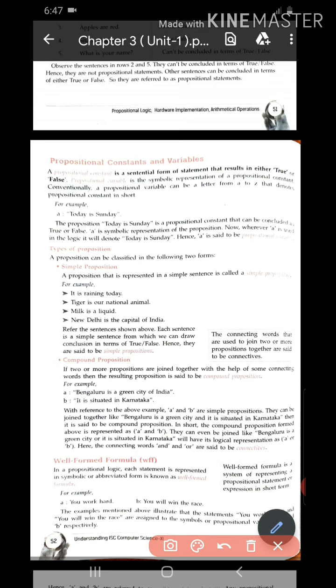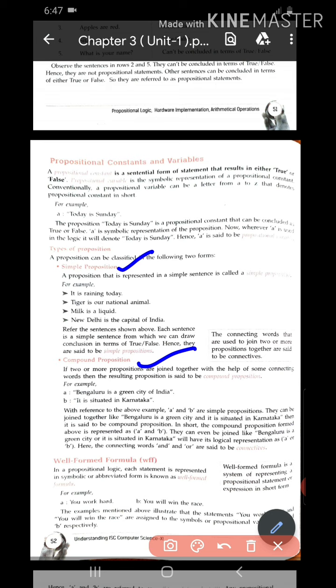Types of propositions contain two forms, that is simple proposition and compound proposition. Simple means you have only one statement which provides you either true or false. That is a simple proposition.